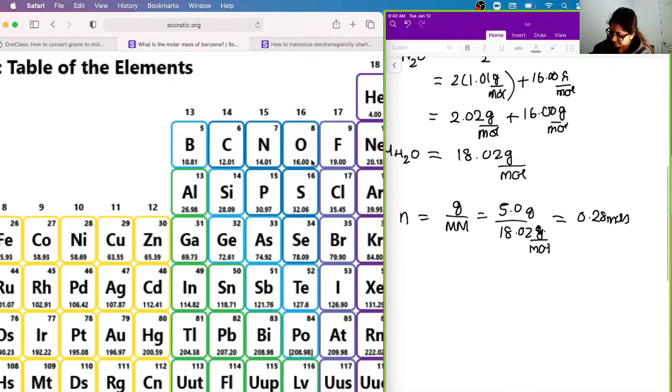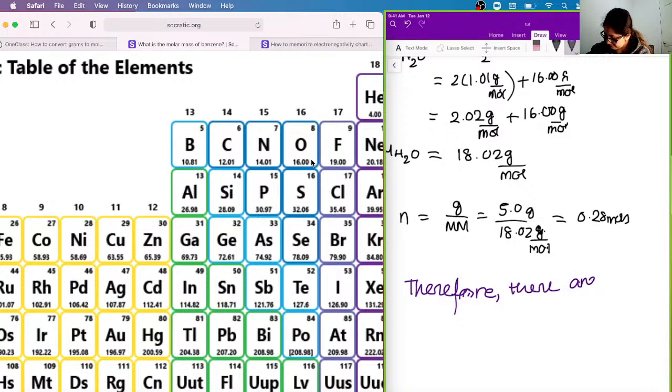So there are 0.28 moles in 5.0 grams of water.